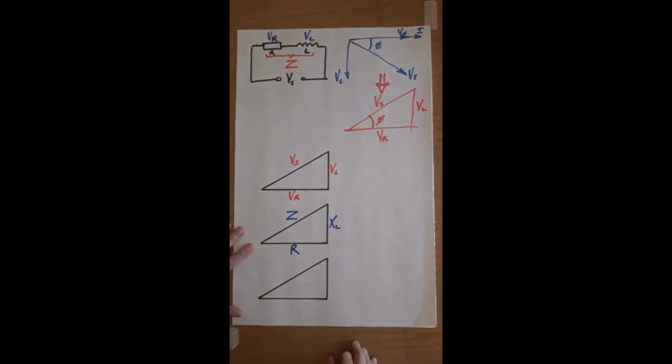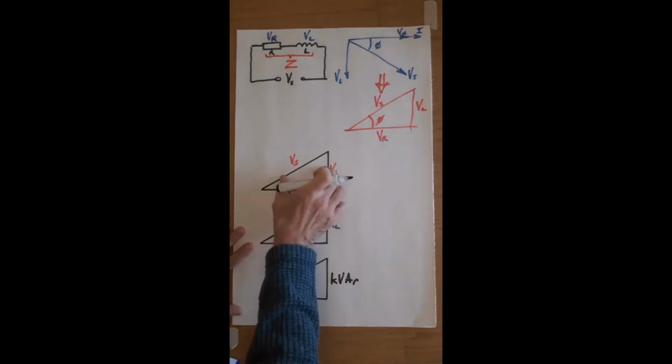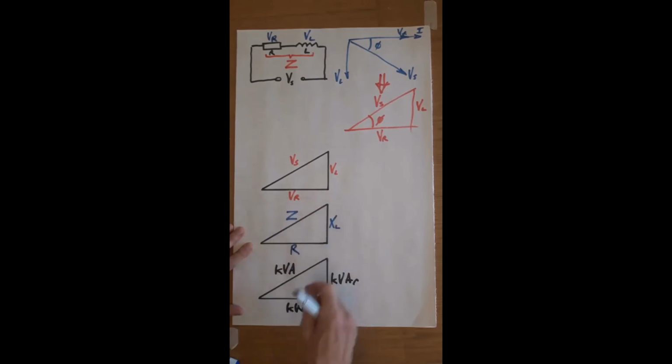For that circuit, we can produce the power triangle, and the power triangle will be kW, kVAR, and kVA. So these three triangles have an identical shape but can have totally different numbers on them, but they'll give us the same answer for power factor.